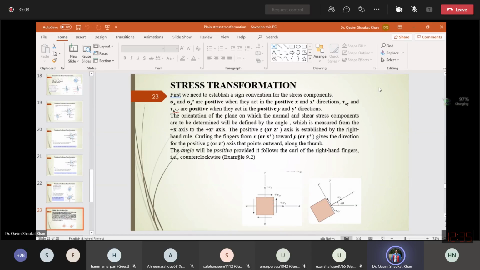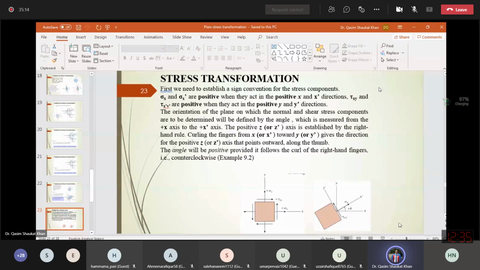Now next is the orientation. At present you can just have a look that this is your x axis. In this element, this is the unrotated element. So this is your x axis, this is your y axis, and you can see the normal stress sigma x and normal stress sigma y acting along the x and y axes, and then you have the shear stress tau xy.